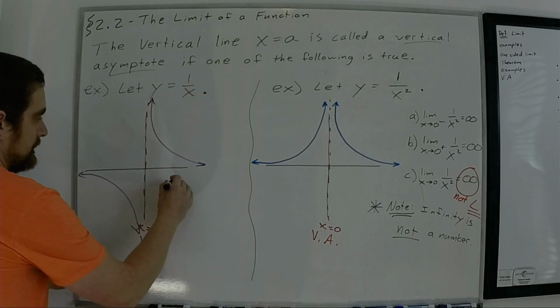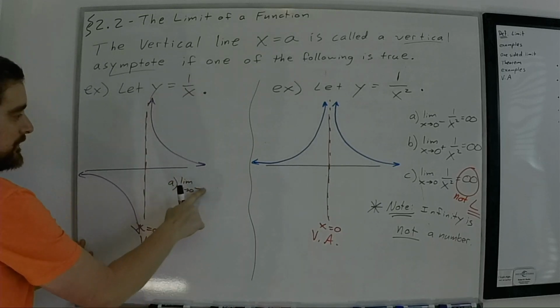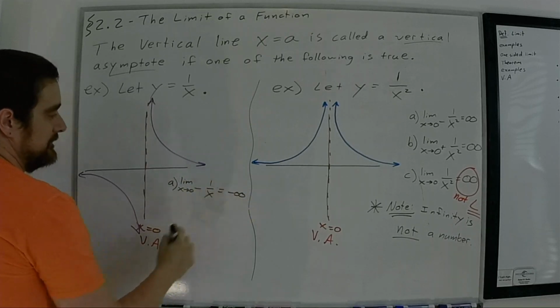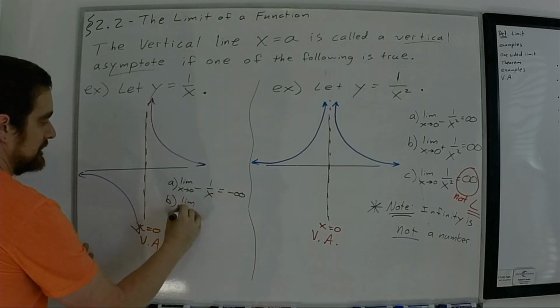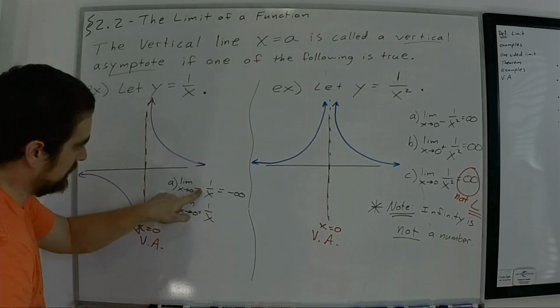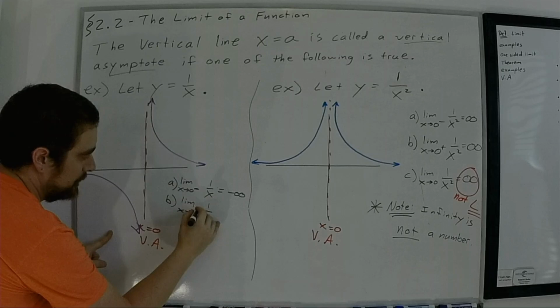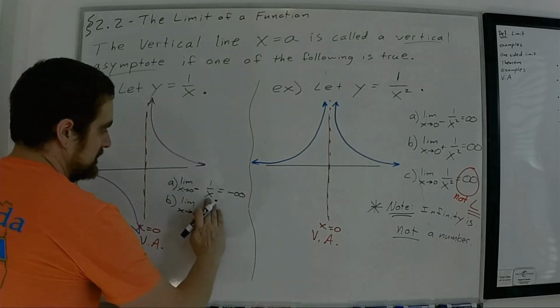Notice that the limit as x goes to 0 from the left of 1 over x is negative infinity. Notice that the limit as x goes to 0 from the right, so I'm putting a little negative above the 0 here for my left-hand limit, I'm putting a little positive in the power of the 0 there for my right-hand limit of this function 1 over x.